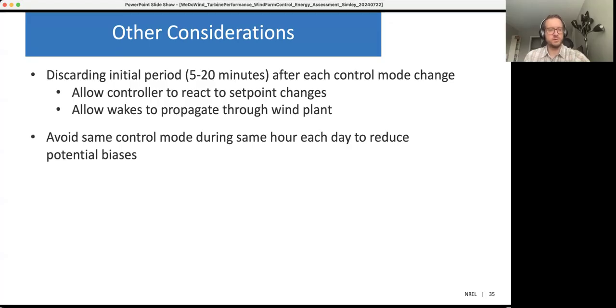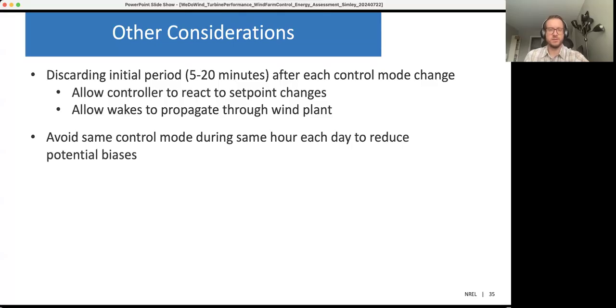One thing we do is, in some of the first experiments, we just toggle between baseline and wind farm control every hour. But what that does is the same hour each day, we end up with the same control mode. So we might have baseline control at midnight each day.